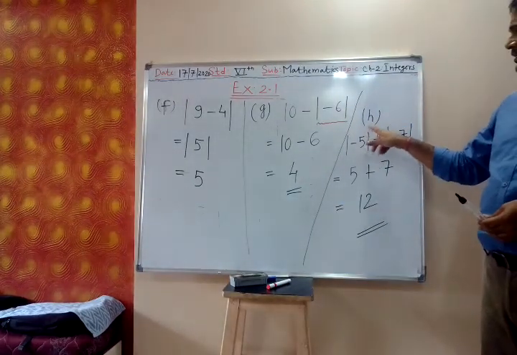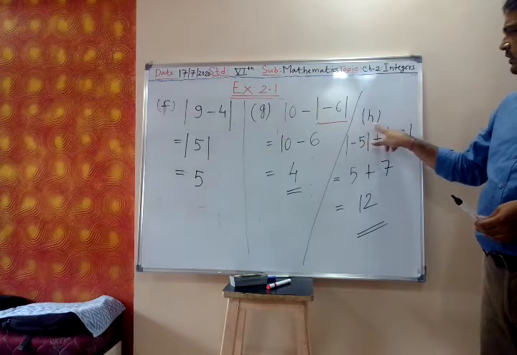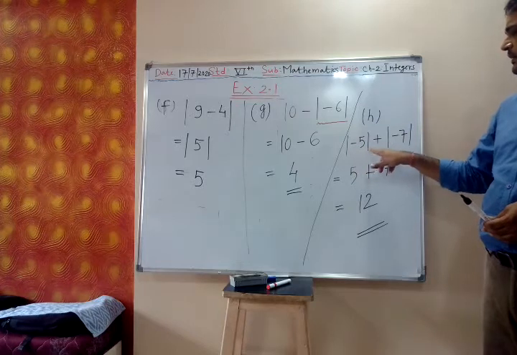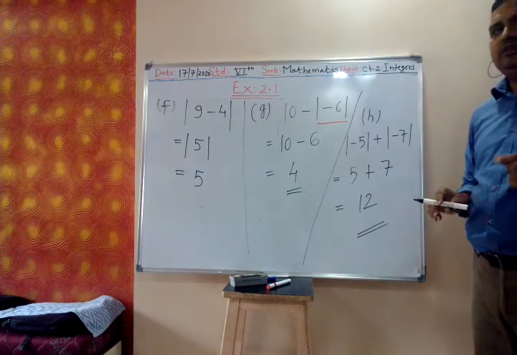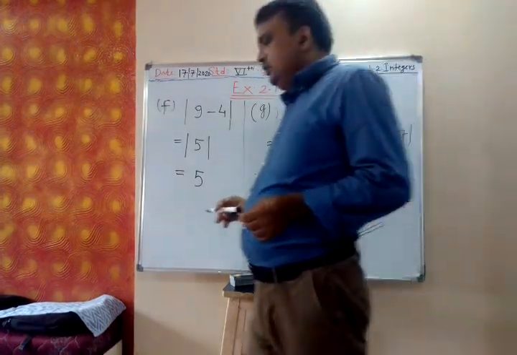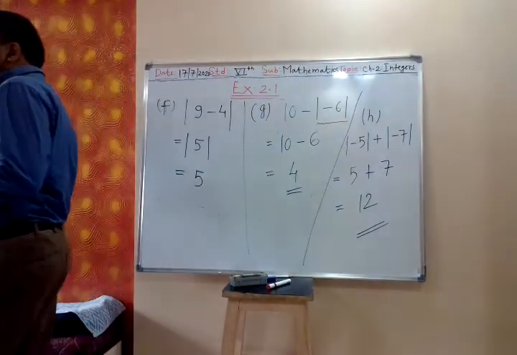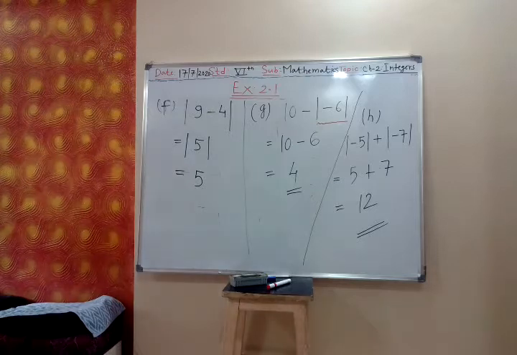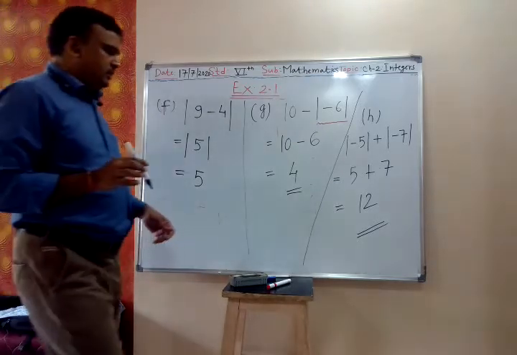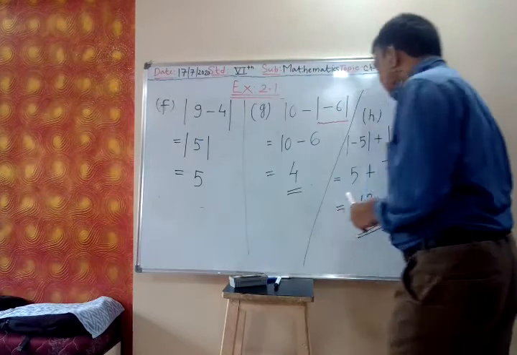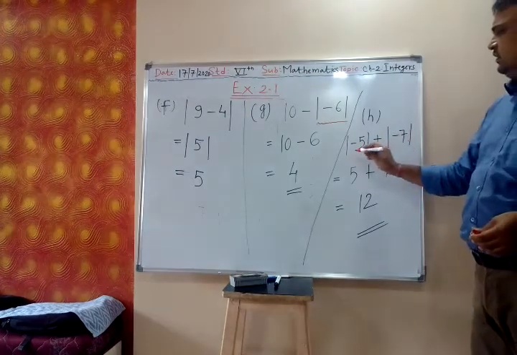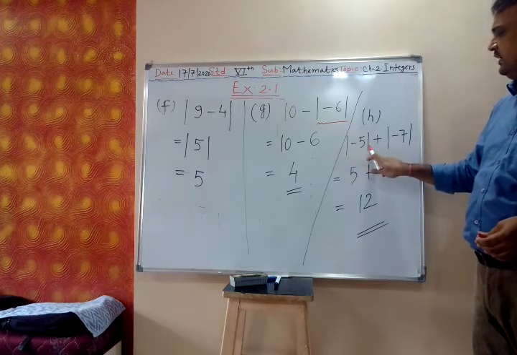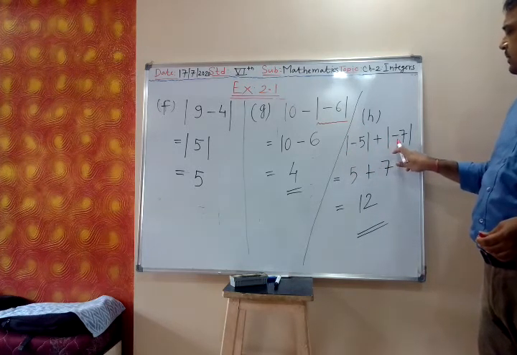H is absolute value of minus 5 plus absolute value of minus 7.